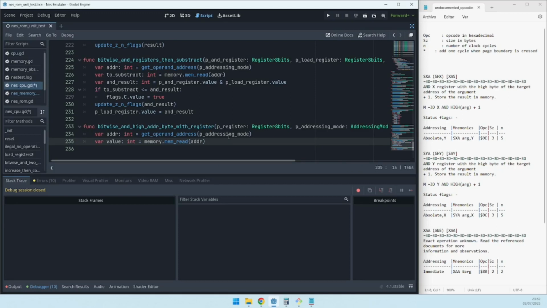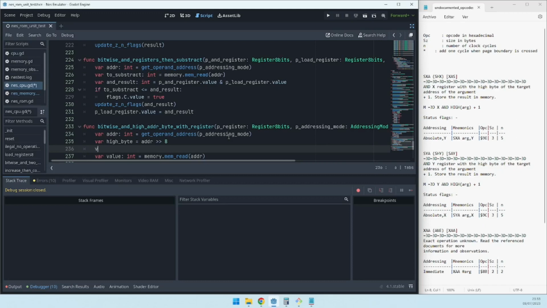So var high byte equals address shift by 8, and the result equals B register and high byte.